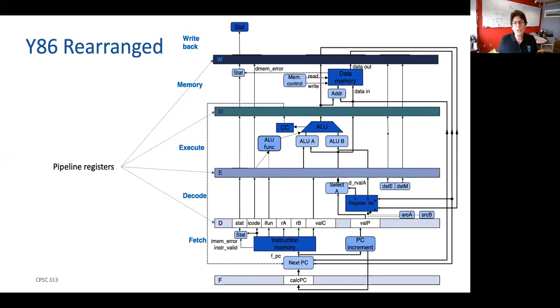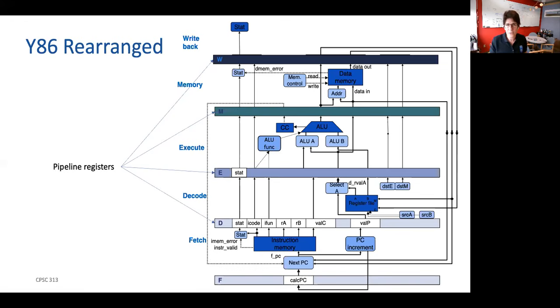So let's look at what we have in the decode register. The stat: what happened in this instruction, is it an error? Do we need that in the execute phase? You bet. Because if we've had an error, we probably don't want to do anything in the execute stage. We're just going to pass this along until the instruction finishes.